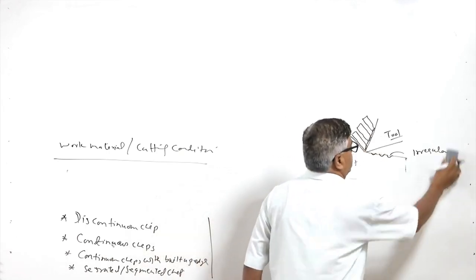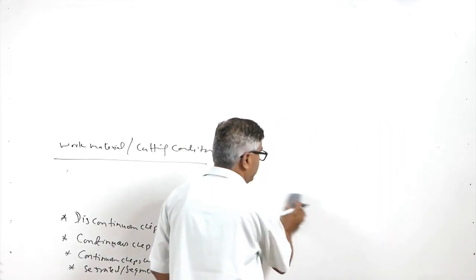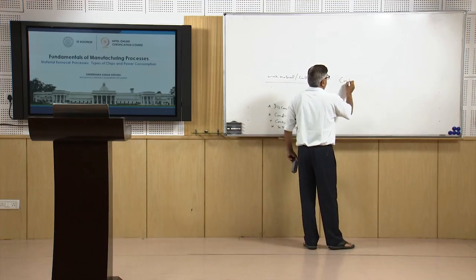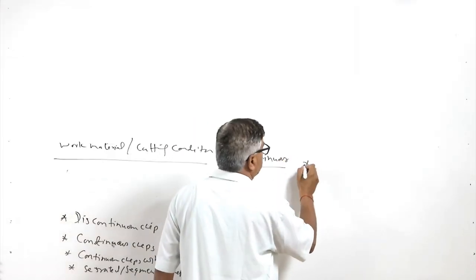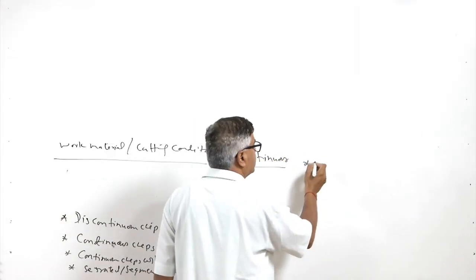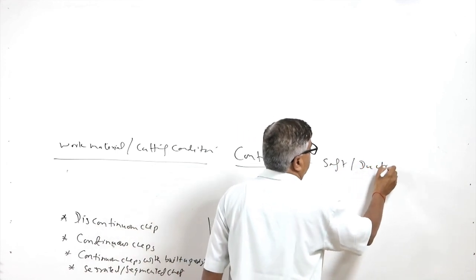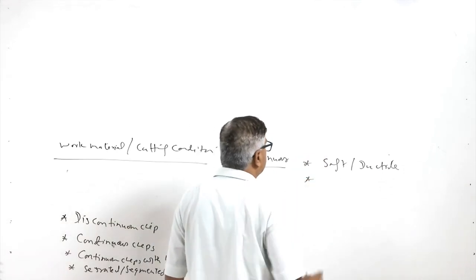Another one is the continuous chips. The requirement for these is that the material is soft and ductile, so it favors the formation of continuous chips.